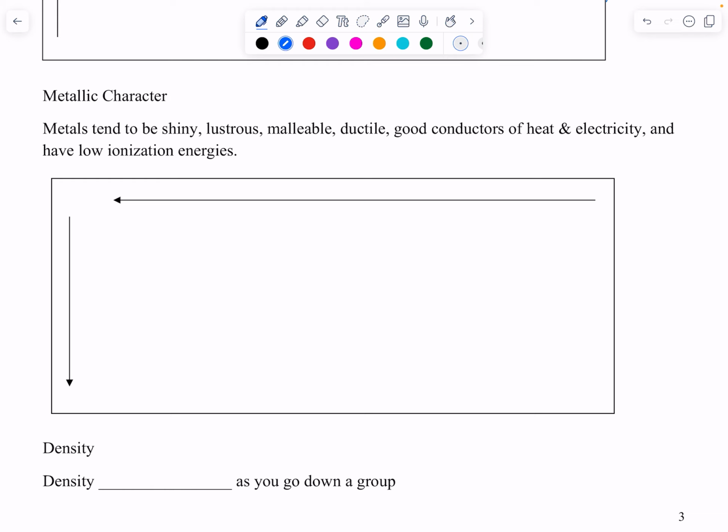Metallic character decreases as we go from metals to nonmetals across the period, and increases as we go down the table or group.